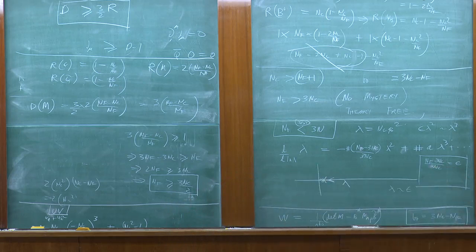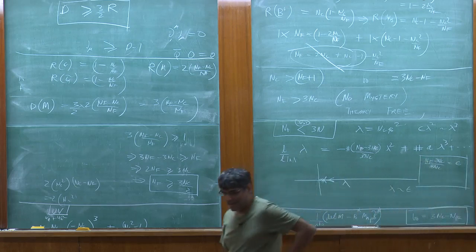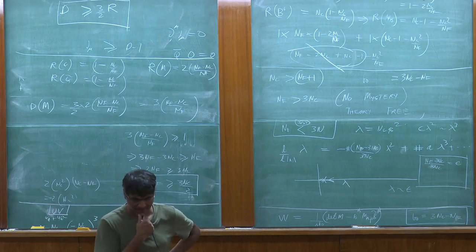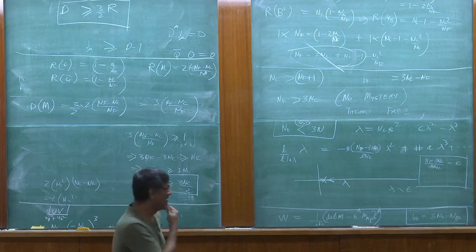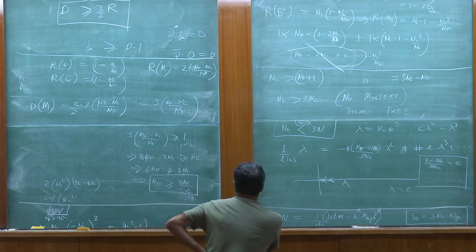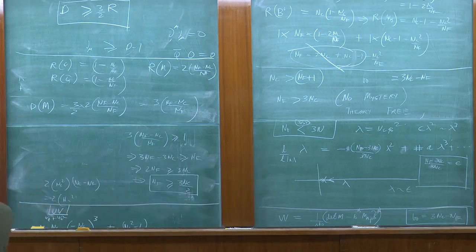Okay. In the previous case, yes, NF is equal to NC plus 1. And if you look at that theory for NC equal to, let's say, 2, let's look at NF equal to NC plus 1. So if we take NC equals 2 and look at the theory with NF equal to NC plus 1, that's 3 by 2. That saturates this.